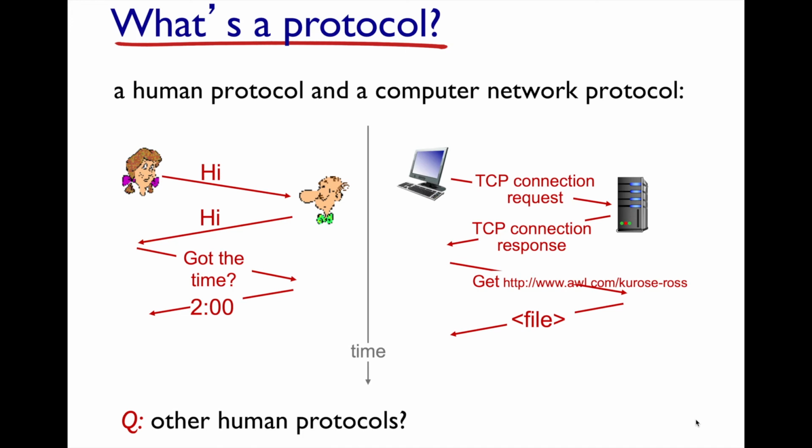The arrows, the direction of those edges, represent the direction of the communication. And when we read this protocol diagram, from top to bottom represents time. In this particular case, we see an edge from Alice to Bob. So Alice first sends a message to Bob, containing the value hi, and that happens first because it's at the top. Time increases going in the downward direction in these protocol diagrams.